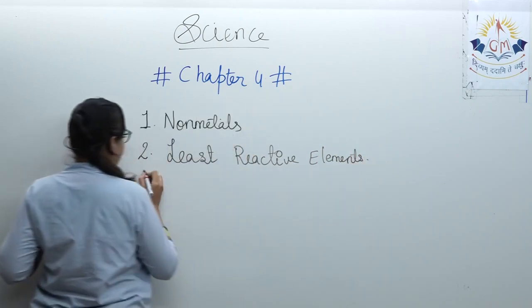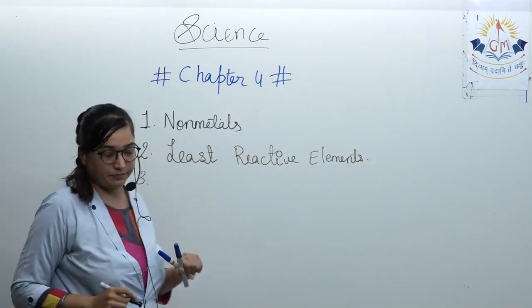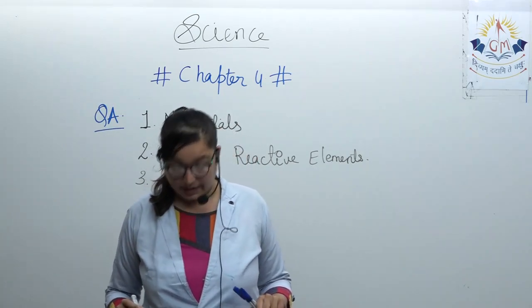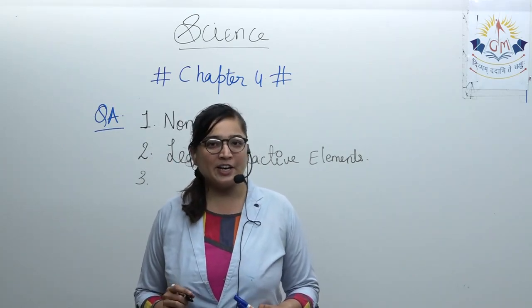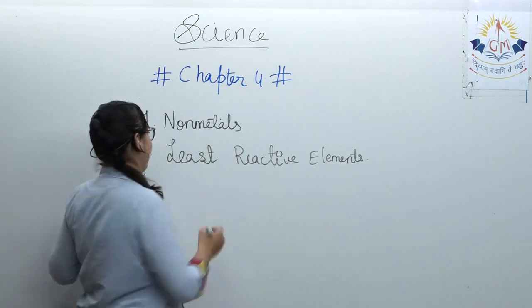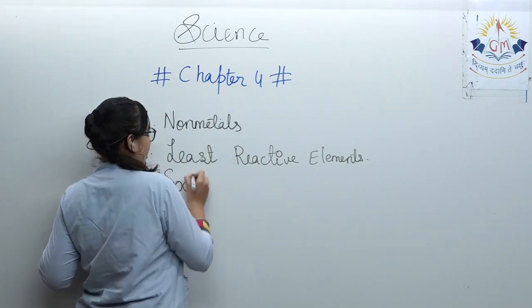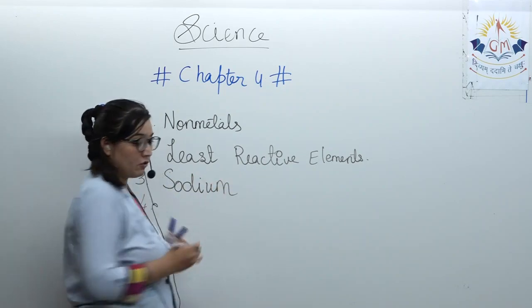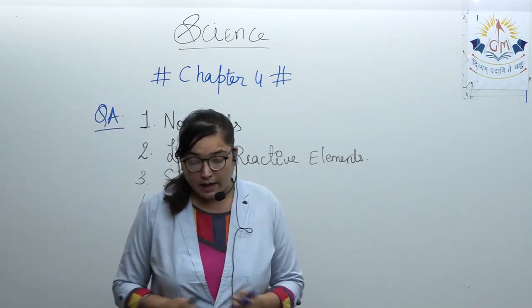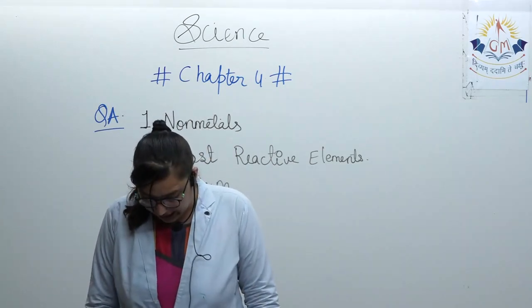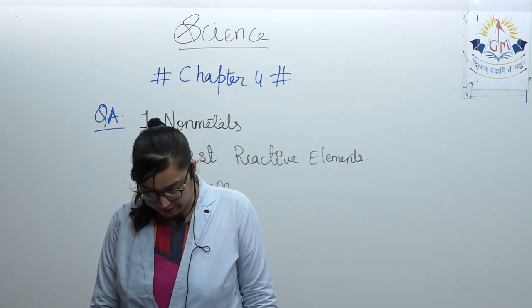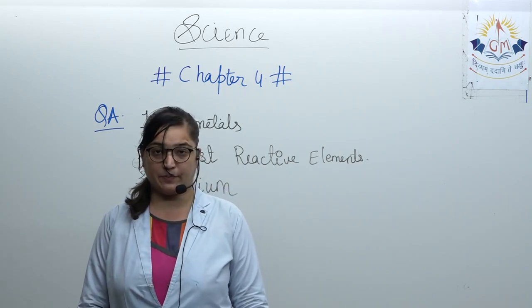Coming to the next answer, third one. Name a metal that is kept under kerosene. You already know it is sodium. Coming to the next question. What type of reaction is taking place between copper sulfate and zinc plate?